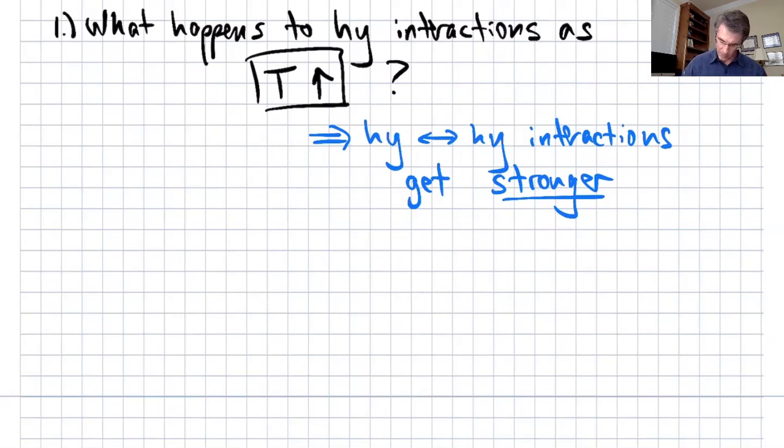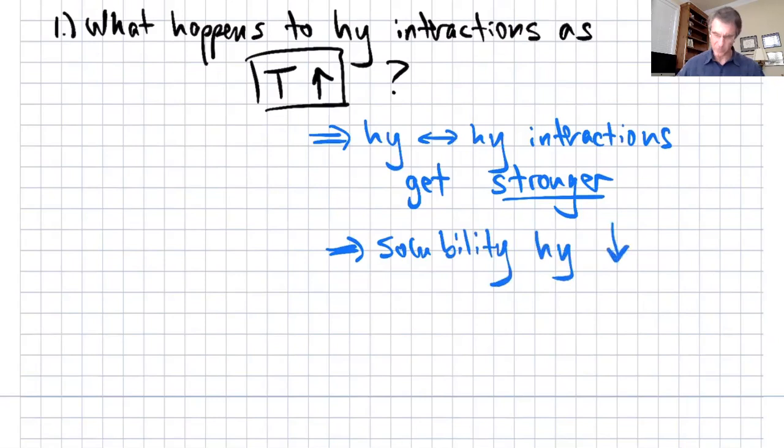Or another way to put this is, as the temperature goes up, the solubility of hydrophobic stuff goes down, right? And that may not be something you guys are familiar with, but it's true. It's experimentally demonstrable.